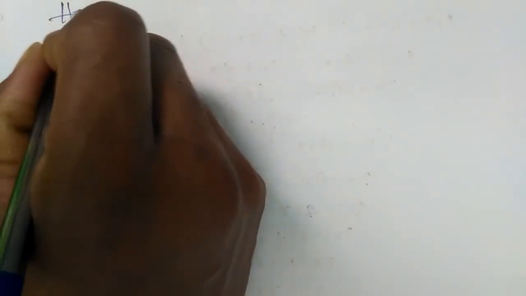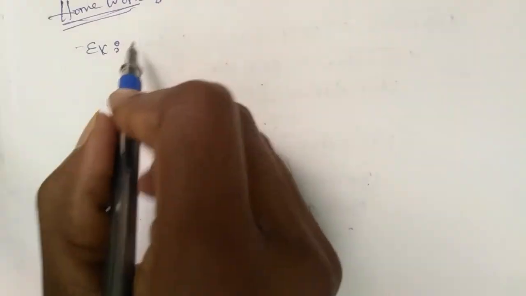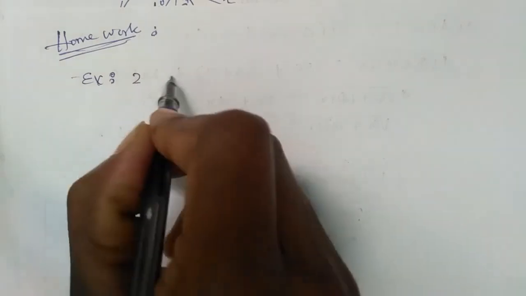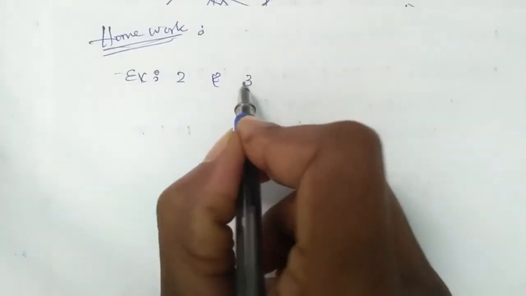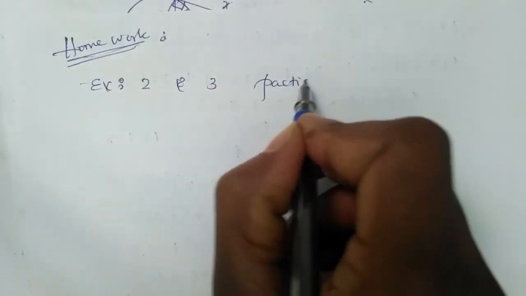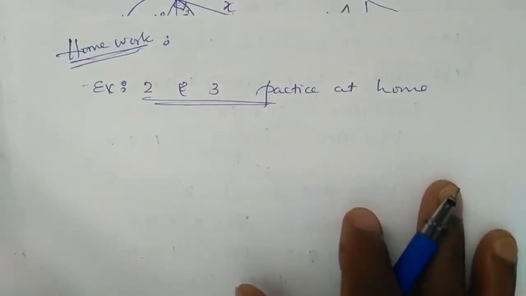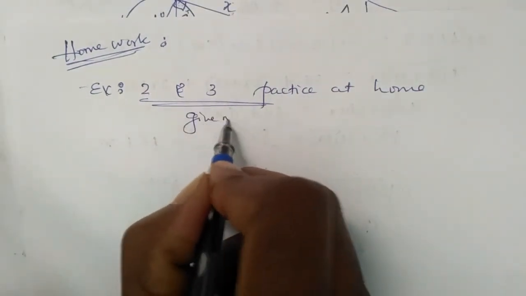Now the time to give homework for you. Homework problem. Example problems that are already worked in the textbook, example problem 2 and 3. Practice at home, example problem 2 and 3 given in the textbook.